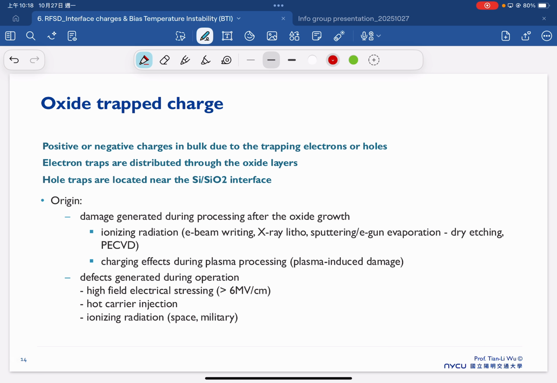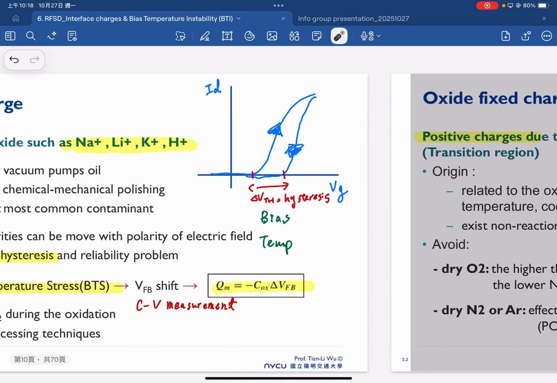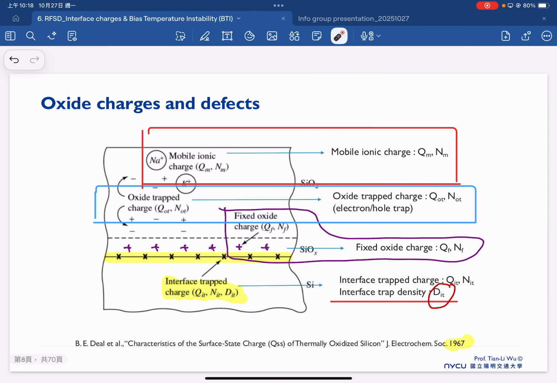So the positive or negative charge in the oxide is due to trapping electrons or holes here. Electrons are trapped and distributed through the oxide layer. Now we are talking about the oxide trapping charge, which is in this region.